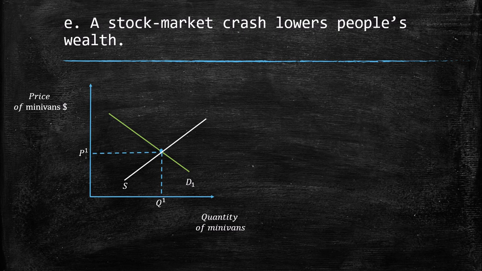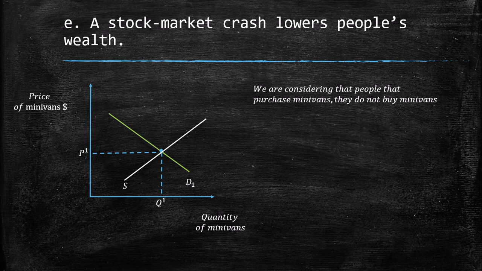So because they don't buy minivans, there's not going to be any change because this is beyond this market. What I'm trying to say is that these people don't buy minivans, so there's not going to be any change on the market.